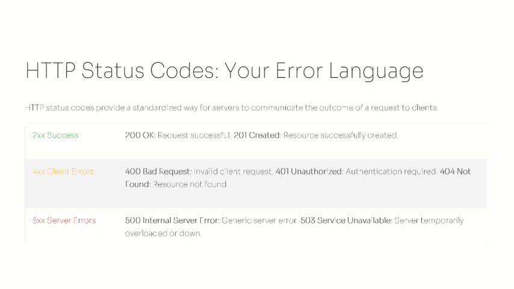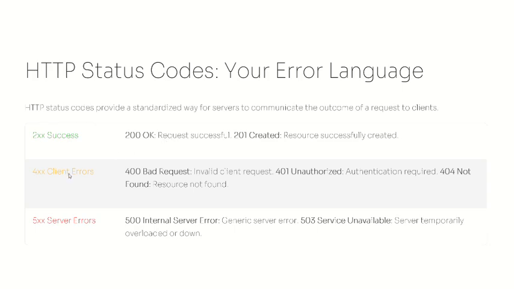So now let us talk about status codes. These are the language the server uses to communicate with the clients. Okay. First one is 2xx, which means success. For example, 200 OK or 201 created.